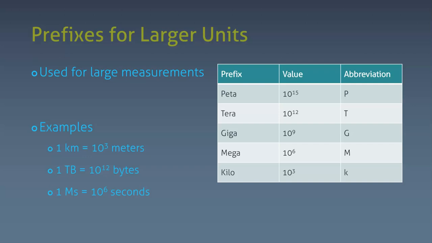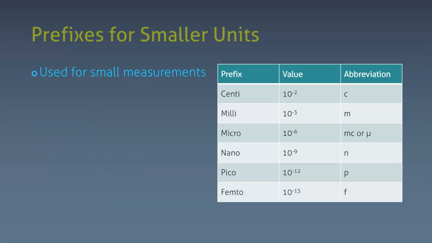But peta and mega, which are abbreviated with a P and an M, share those abbreviations. For example, milli, which is a prefix that indicates 1/1000th of something, is a lowercase m. I'm sorry, and pico is a lowercase p.